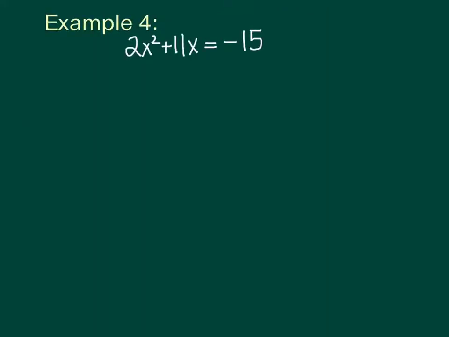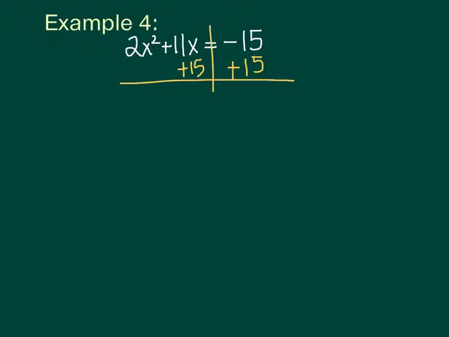So the first thing you should always do is make sure you are set equal to 0. Let's see another example of this in action. Here I have example 4. 2x squared plus 11x equals -15. At first glance, this is really difficult to solve because I have two terms with x in it and I cannot combine them. So what I'm going to do is that first step where I'm going to set it equal to 0. In order to do that, I have to add 15 to both sides of the equation.